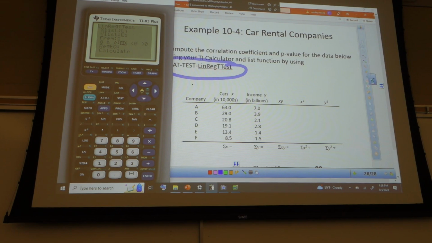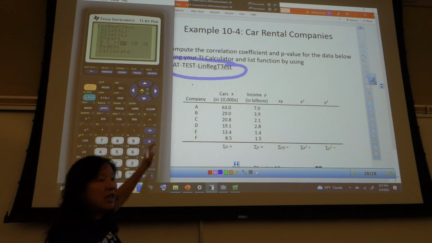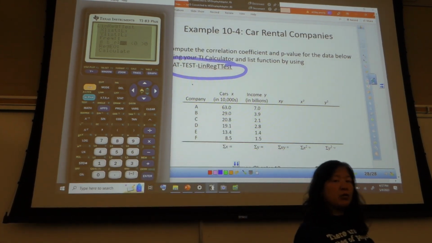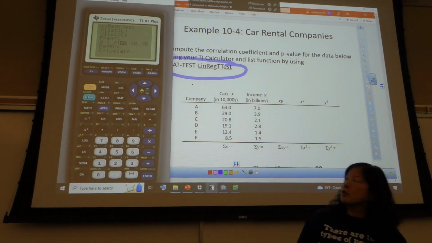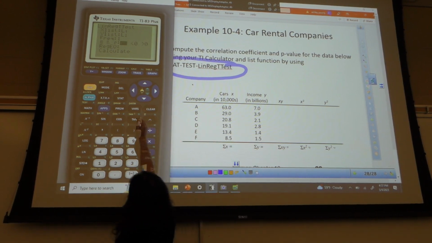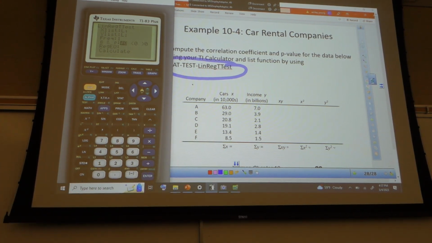Frequency, just leave that as 1. And then the greater than, less than thing, you want not equal to. For all of chapter 10 and 11, it's always going to be not equal to as our H1. Leave reg EQ blank and hit calculate.